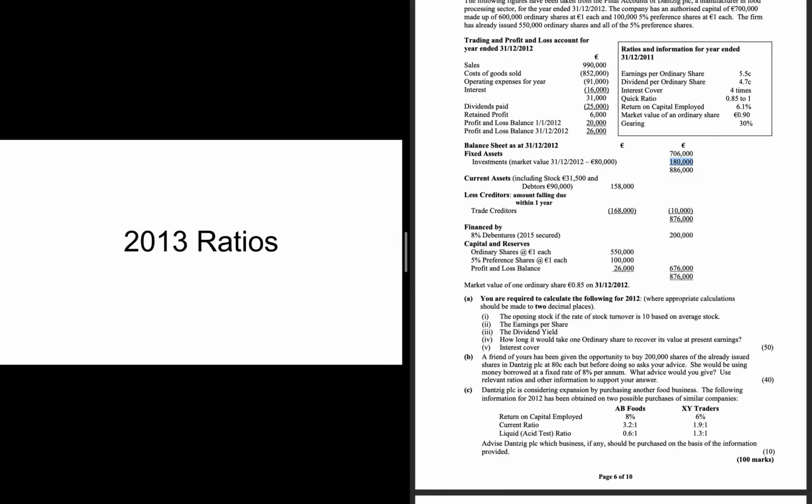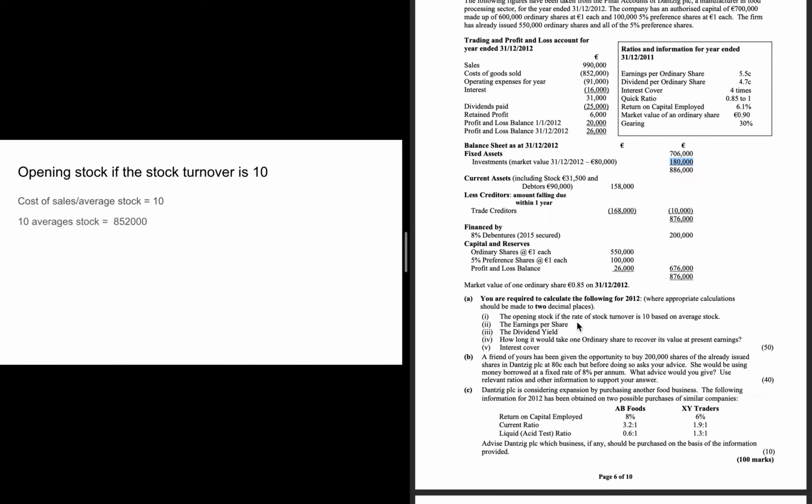Okay. So anyway, before we even get to that, we have to do our ratios. So it's our opening stock one at this stage. Stock turnover is cost of sales over average stock, so that's equal to 10. So 10 times average stock is equal to 852. So our average stock is going to be 852 divided by 10.